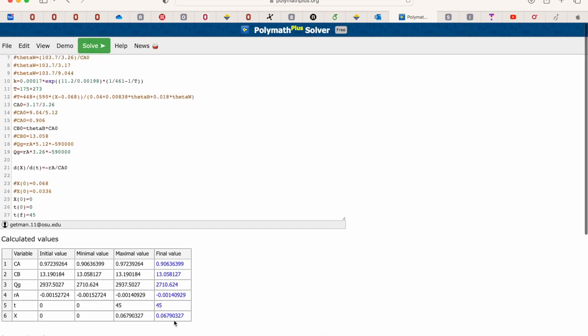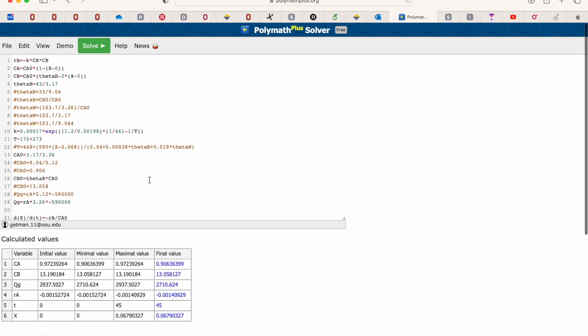My final value of x is 0.68. Here I can get my final value of my rate, that's this 0.0014, and my heat generated term. This is also where I got my final values of concentration, which I'm now going to use in the adiabatic case. So now I'm going to take this code and modify it for the adiabatic case.